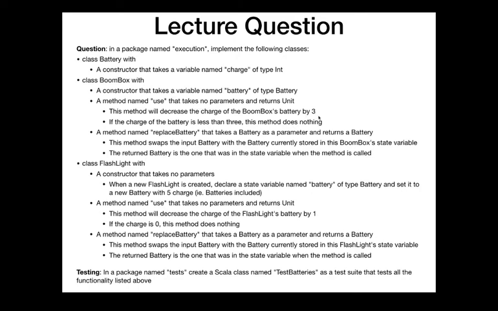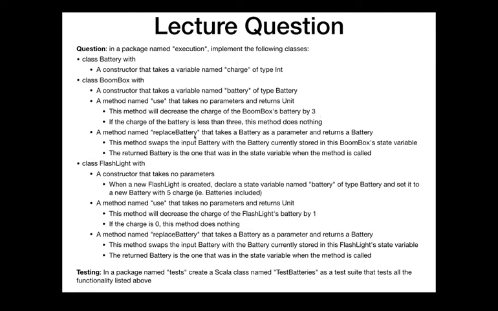Use would actually have the functionality we're just simulating here. Use is going to drain the battery by 3 units of charge. If the charge is less than 3 when this method is called, it does nothing and doesn't change the charge of the battery. So if a battery has charge 2 and you try to use a boombox with that battery, it just doesn't do anything, and that battery should still have 2 charge after that call.